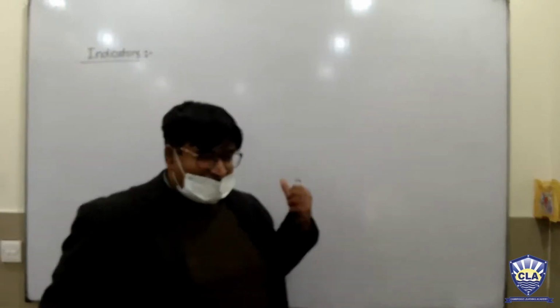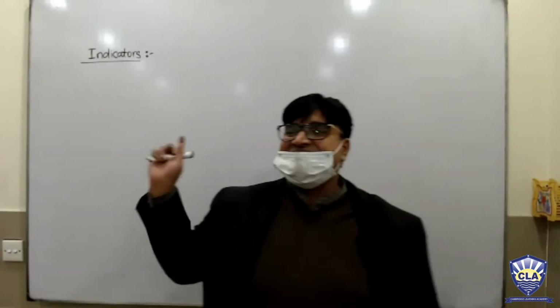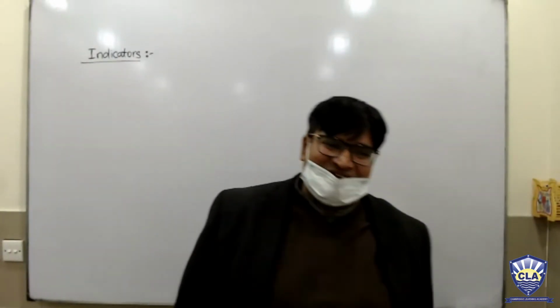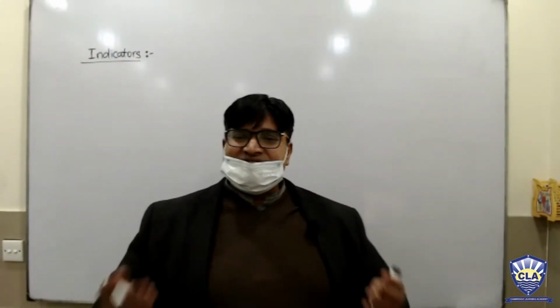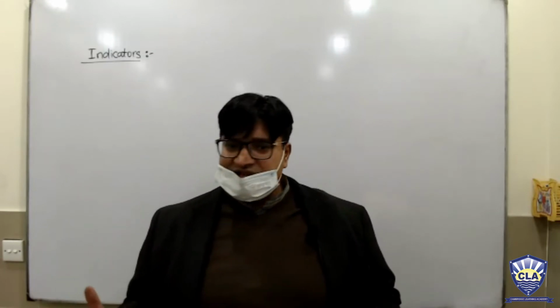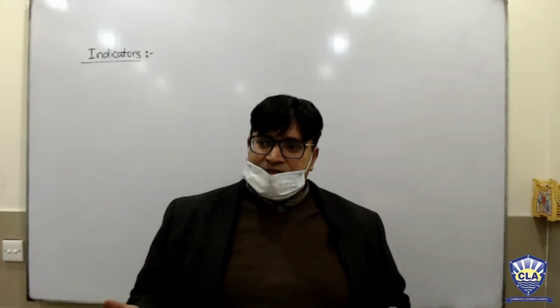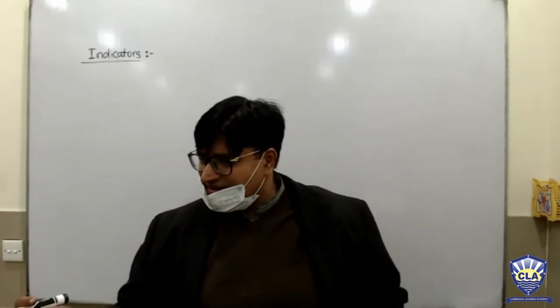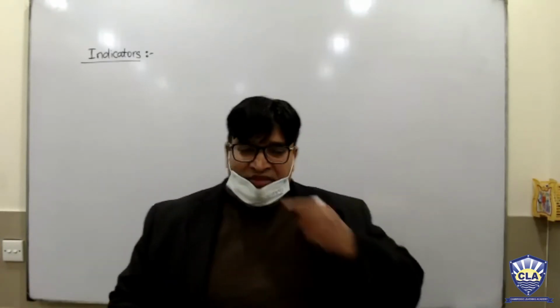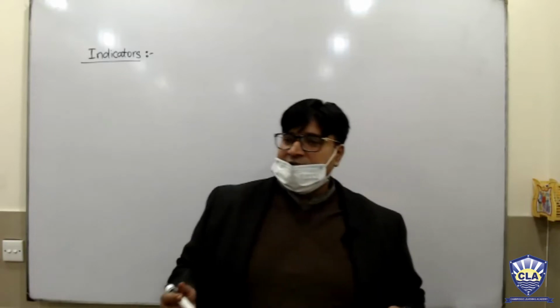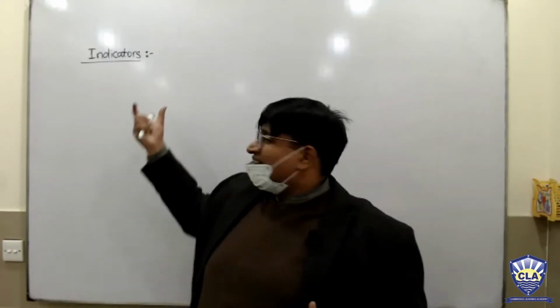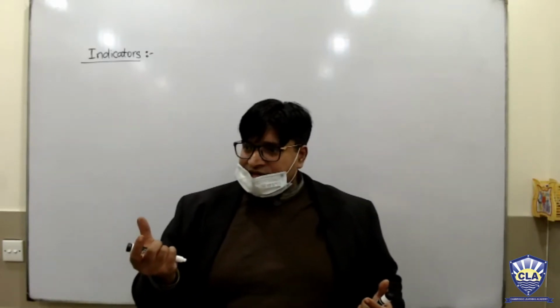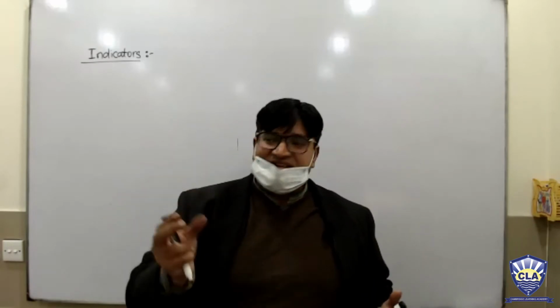Okay, beta, the next part of acids and bases is the indicators. What are indicators? Indicators are actually solutions which change their color when you put them in acid and base. Okay, let's suppose you have got an indicator. Okay, so this indicator is colorless.